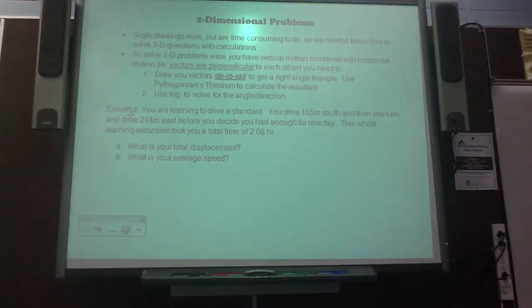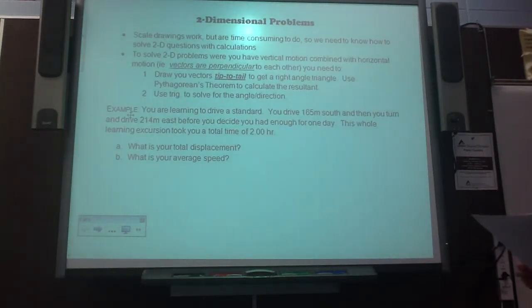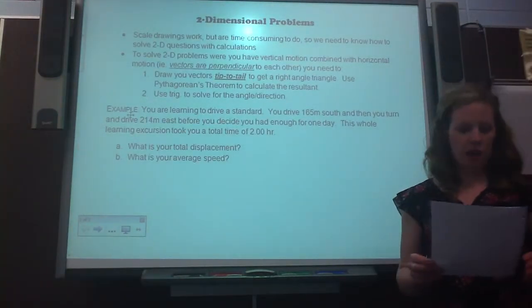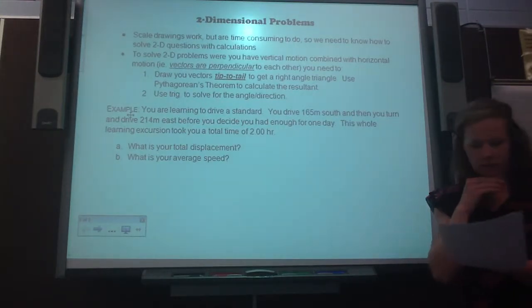Okay, so our two-dimensional problems. Scale drawings work, but are time-consuming to do. So we need to know how to solve 2D questions with our calculations.